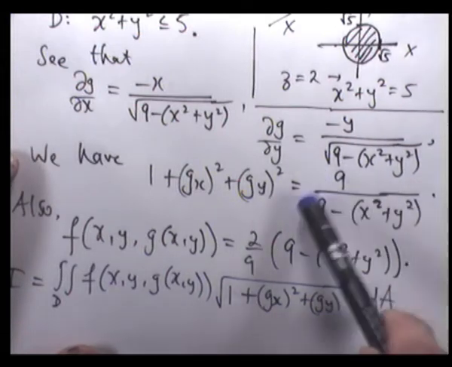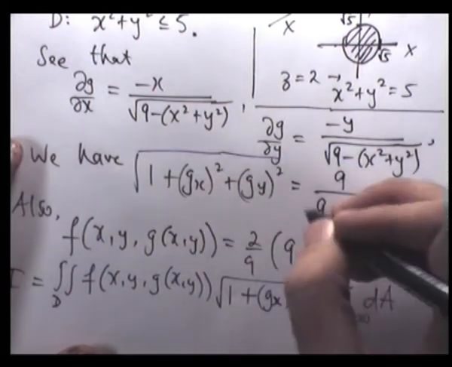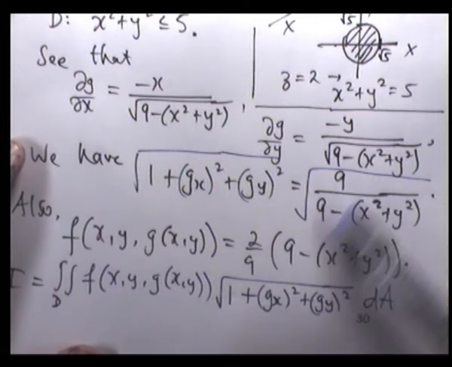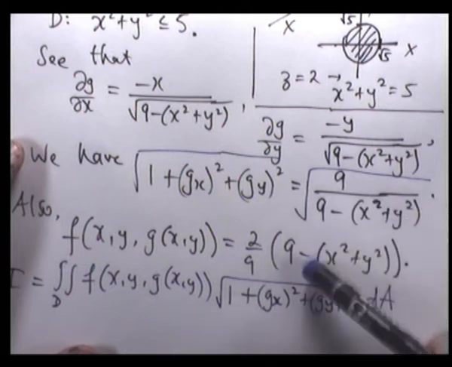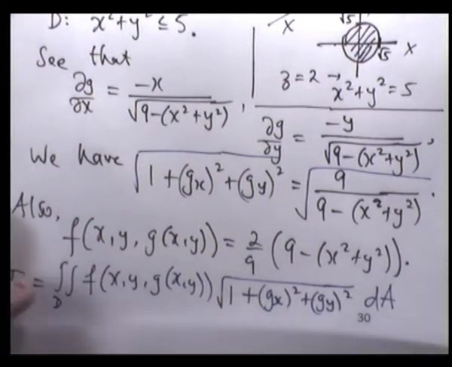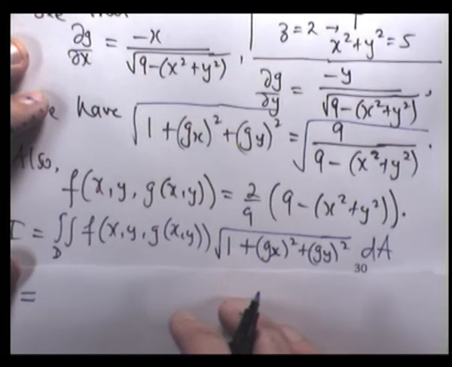Oh, I need to take the square root of everything here, so I might just add that in now. Multiplying these two things together, I want to take the integral of that expression.